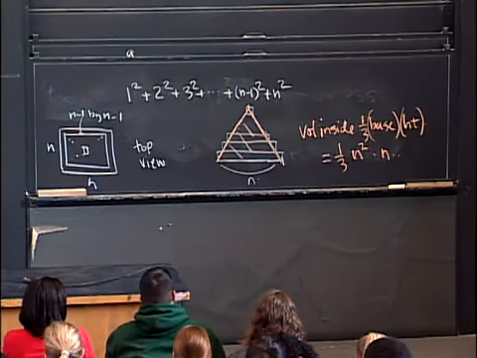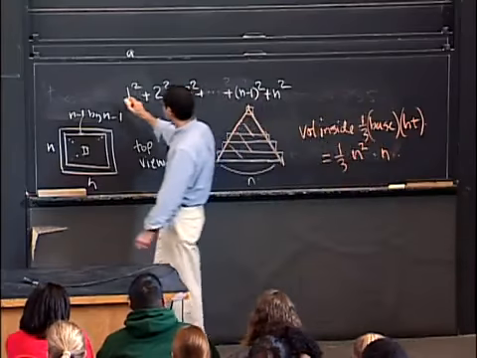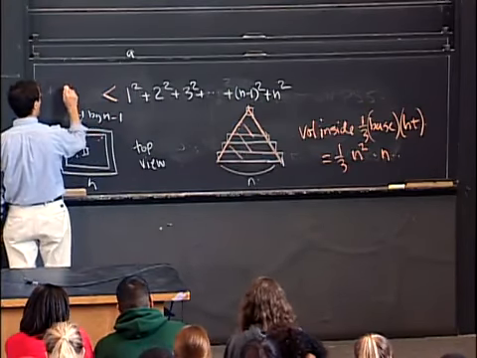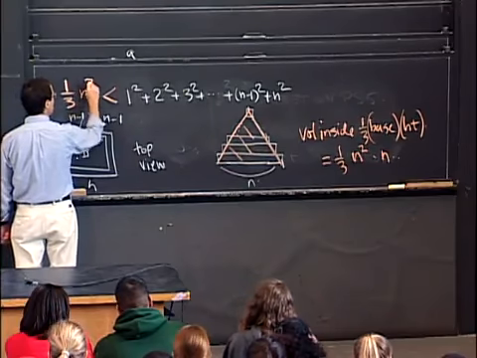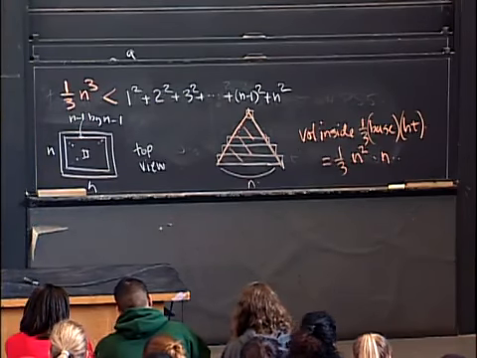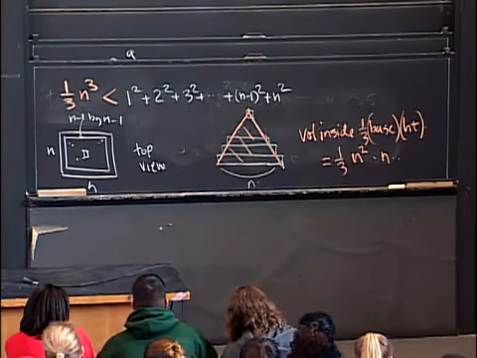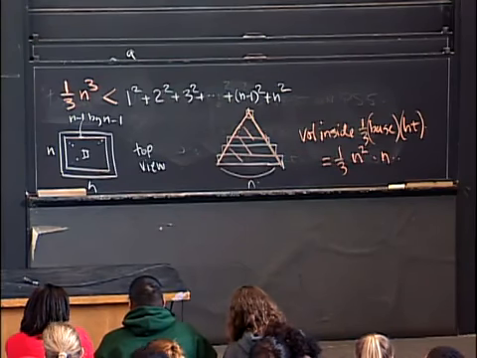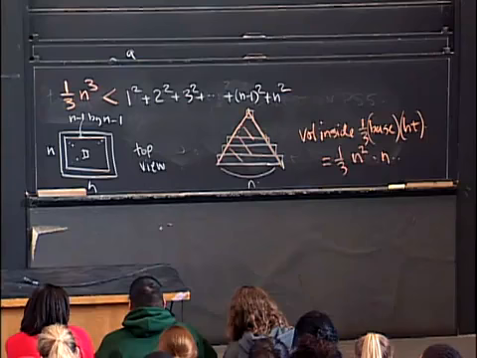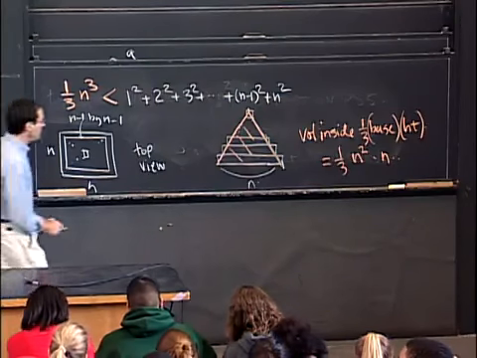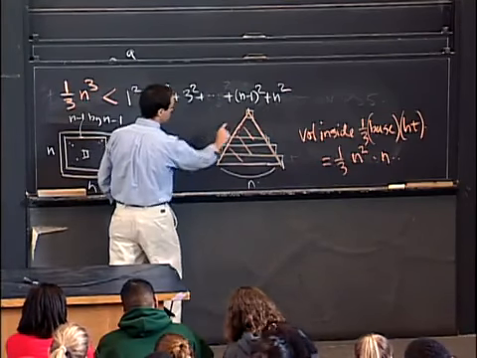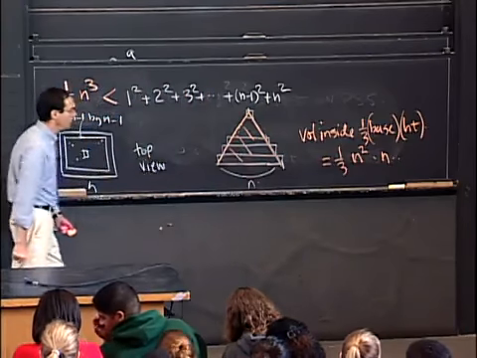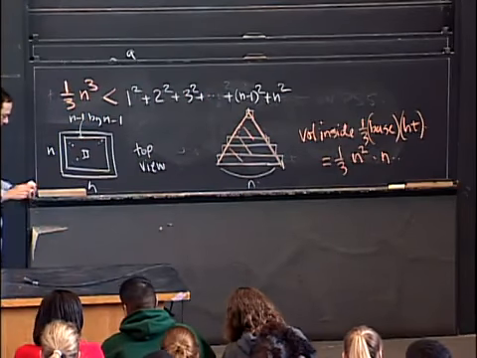And what we've discovered here is that this whole sum is bigger than 1/3 n cubed. Now, I claim that this line, by the way, has slope 2. So you go half over each time you go up 1. That's why you get to the top.